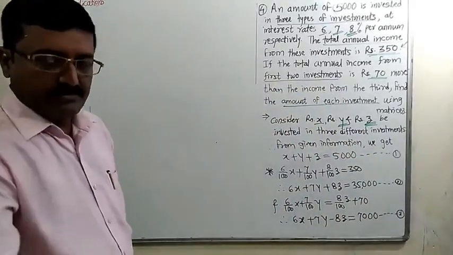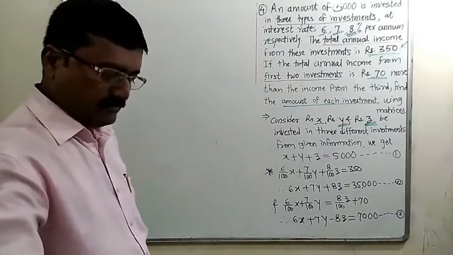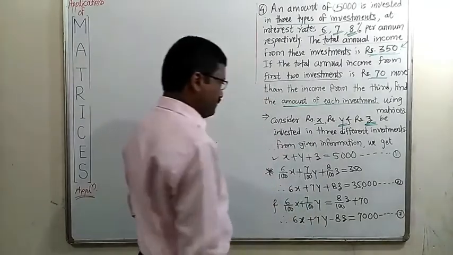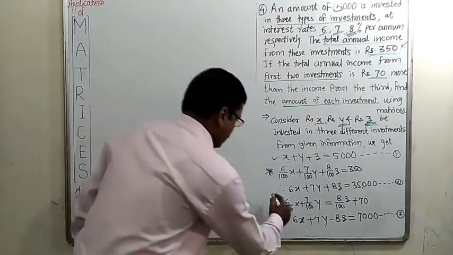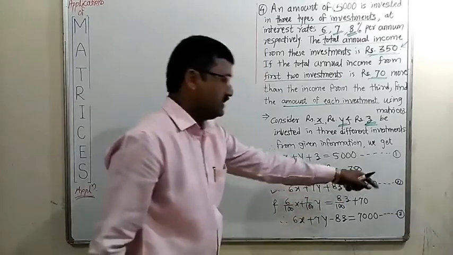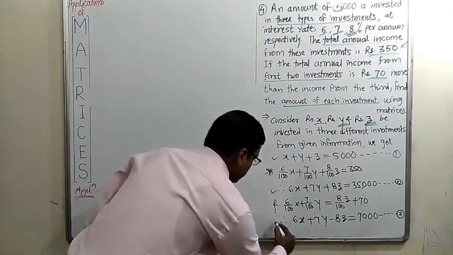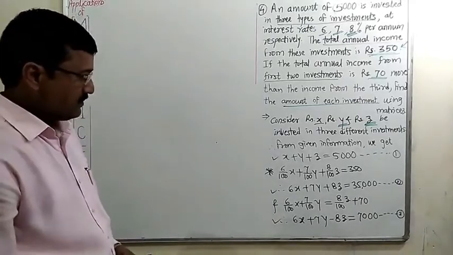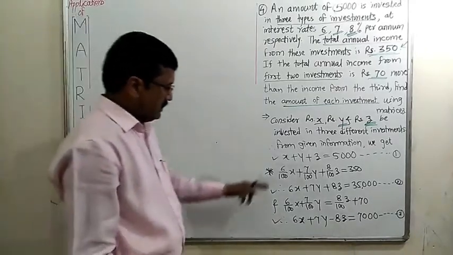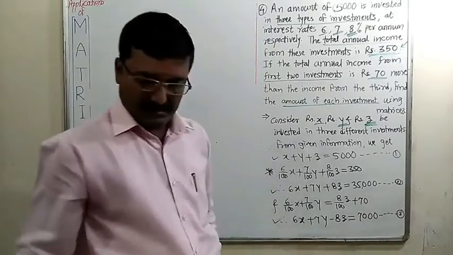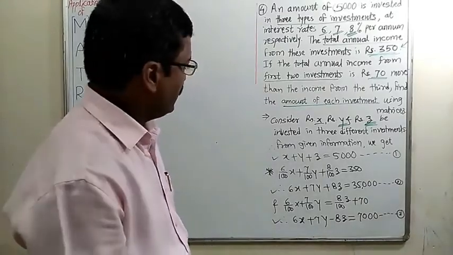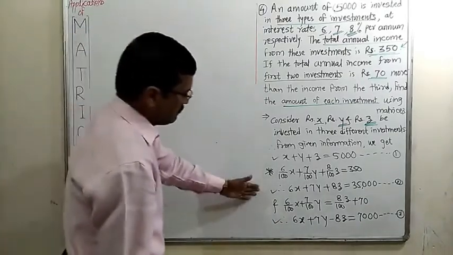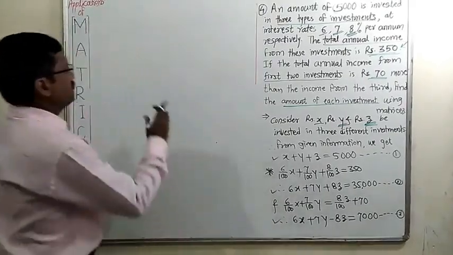Have you got these three equations? Is it clear? Here we have these three equations as x plus y plus z equal to 5,000, 6x plus 7y plus 8z equal to 35,000, and 6x plus 7y minus 8z equal to 7,000. And from these three equations we have to find the values of x, y and z. Let us write these three equations in the form of a matrix equation.